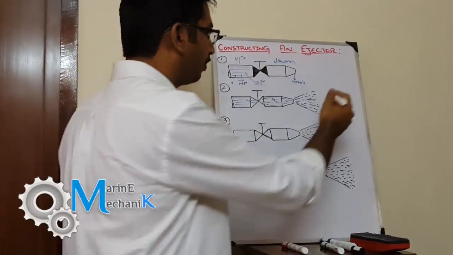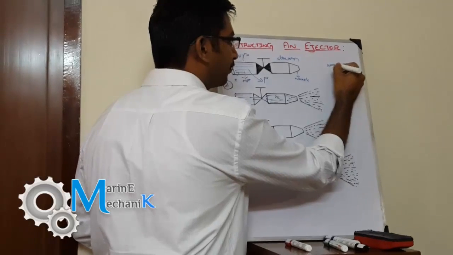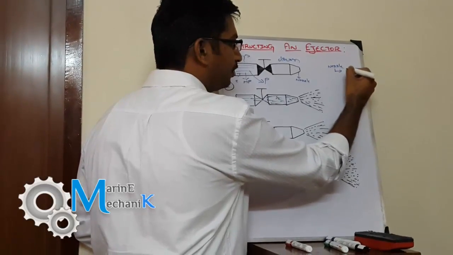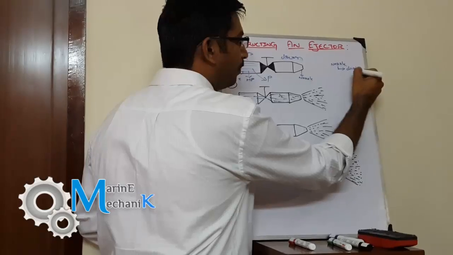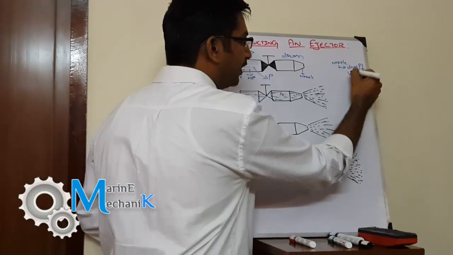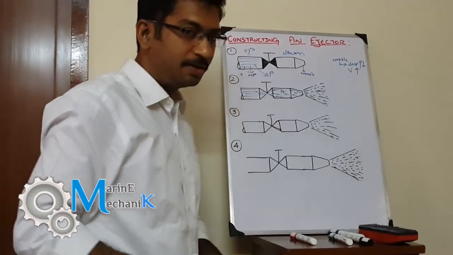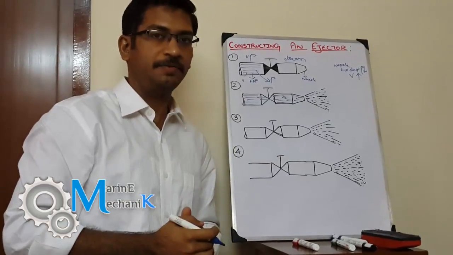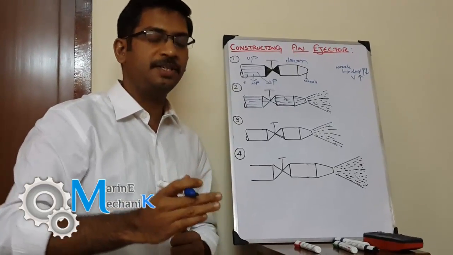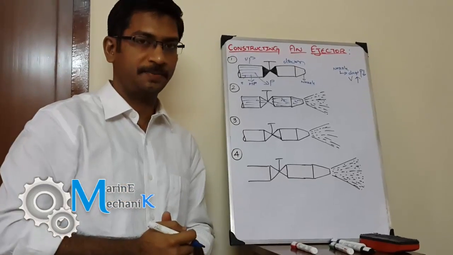So that's the purpose of the nozzle. I will write it over here. What it does is drop in pressure and increase in velocity. To be more technically specific, the pressure energy is converted into kinetic energy.